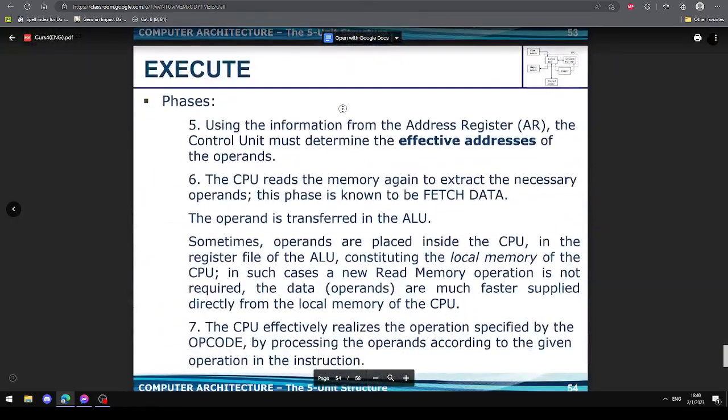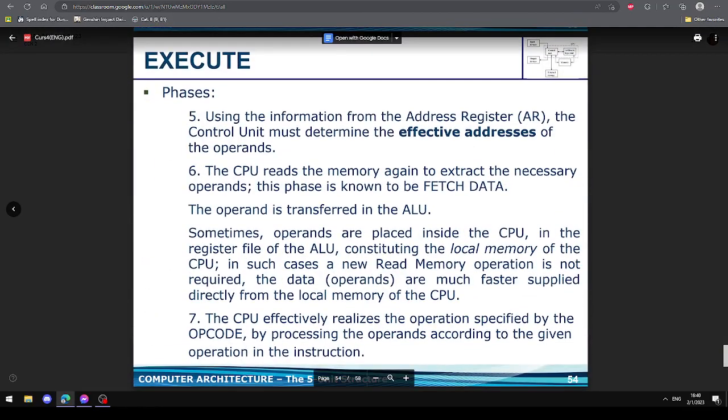Execute phase. Using the information from the address register, AR, the control unit must determine the effective addresses of the operands. The CPU reads the memory again to extract the necessary operands. This phase is known as fetch data.